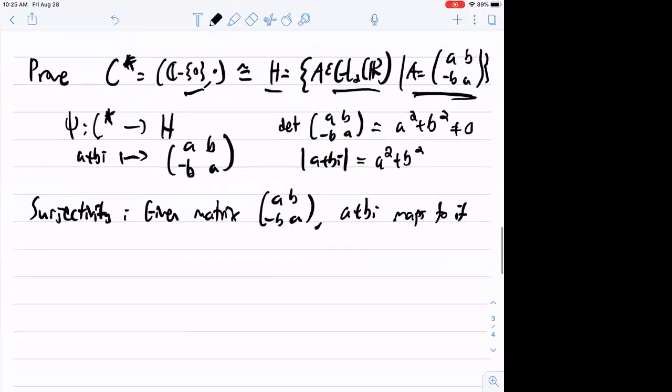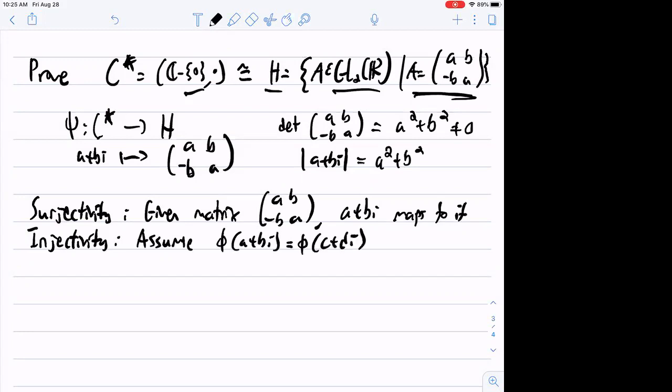And then injectivity. Well, assume phi of a plus bi is phi of c plus di. We want to show a plus bi equals c plus di.